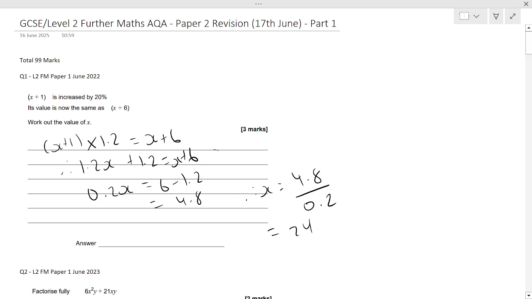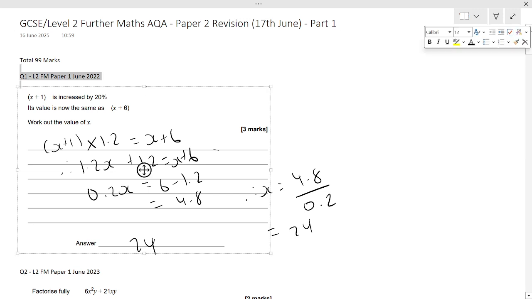There we go. The main thing is just to form an equation by using the multiplier. So increase by 20% means times by 1.2. 20% of this would be 0.2, but we're increasing it, so it'd be an extra 20%. Hopefully that made sense.